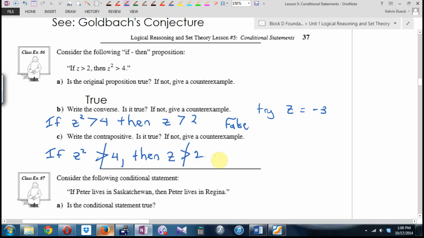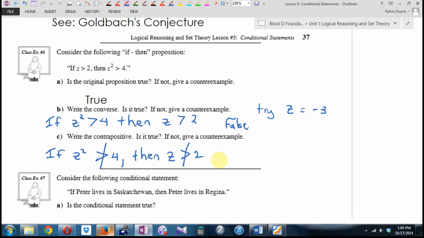Is that true? So if we square something and get an answer smaller than or equal to 4, which I guess means like 3.9, then z has to be smaller than or equal to 2.